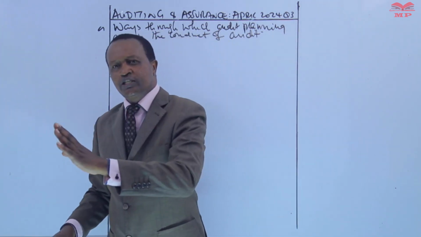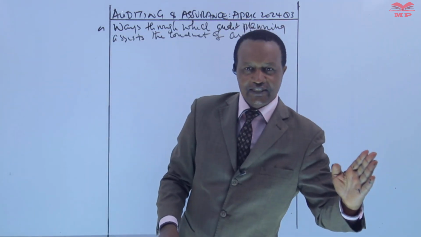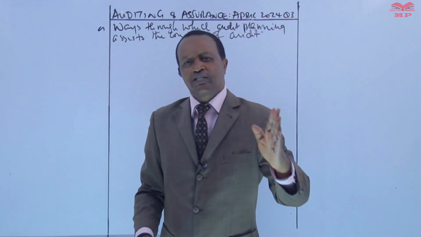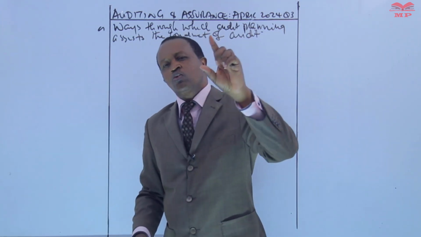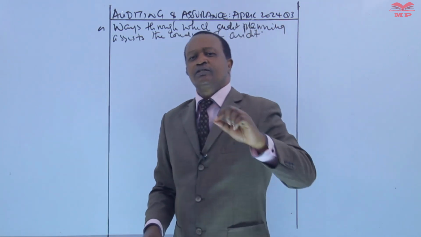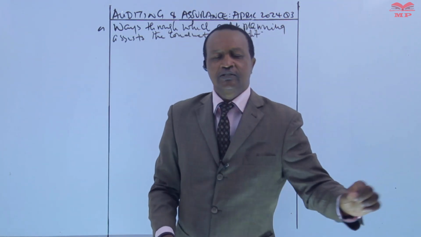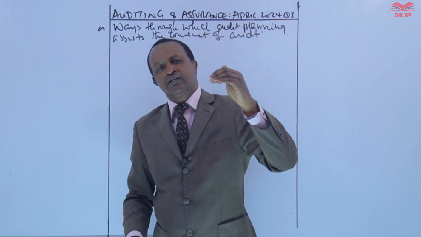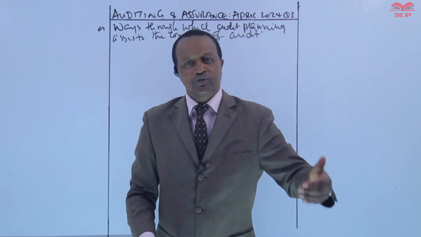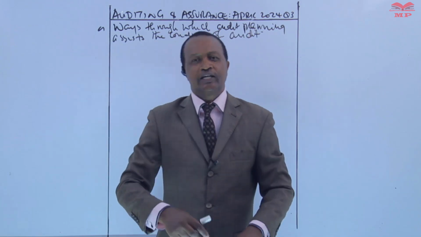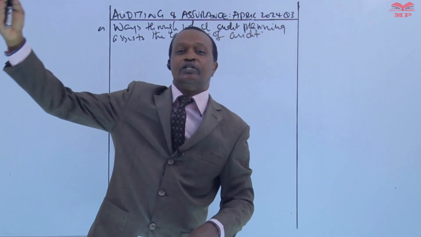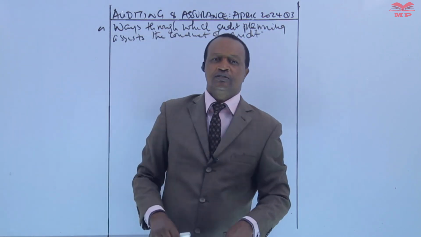So before you audit, you have a plan, which I've said is a comprehensive strategy that outlines the scope and the objective of the audit. Within the plan, you also state what procedures you are going to conduct that will help you gather evidence, which will be the basis of your audit report.